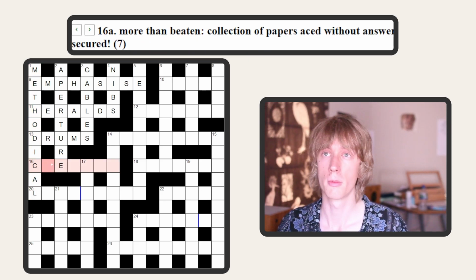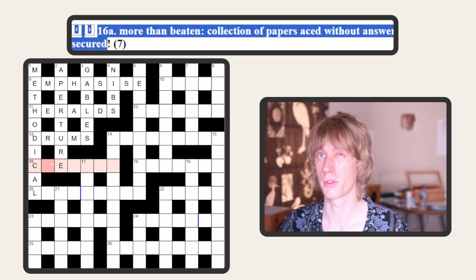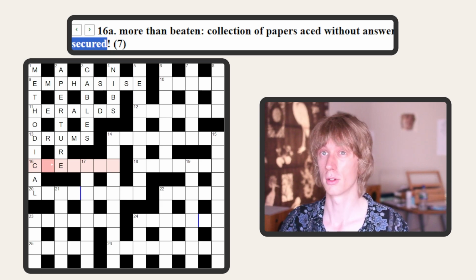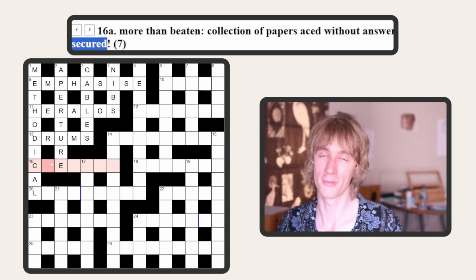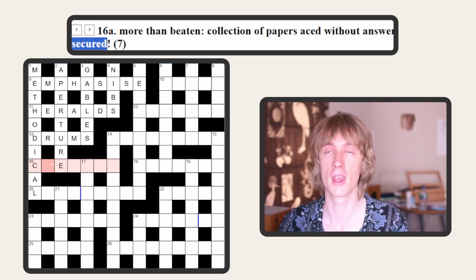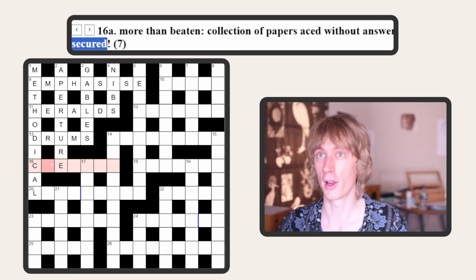16 across. More than beaten, collection of papers aced without answer secured. All right, tough one here, but secured, once again, is a pretty common indicator word. So secured is telling you, very much like suppressed, that something secures something else. So once again, we want to be looking at the beginning for our literal.